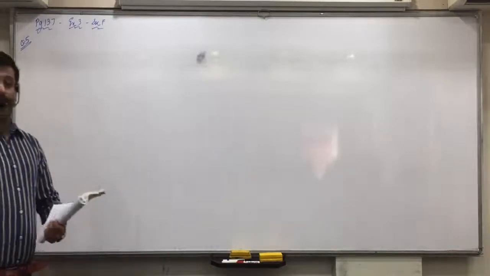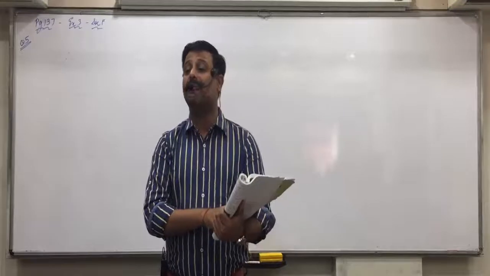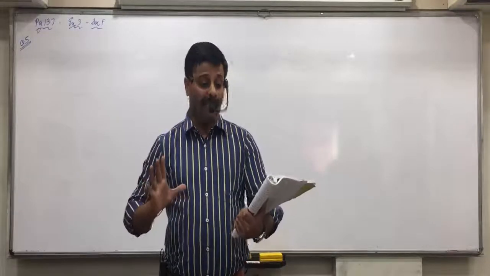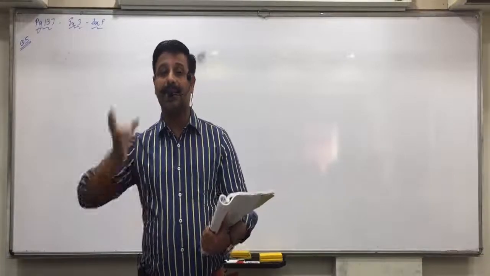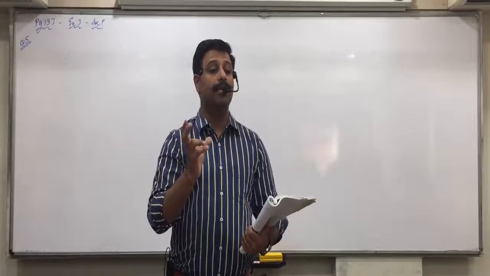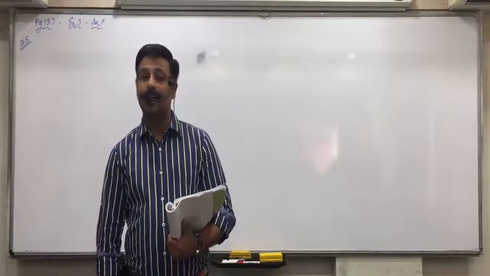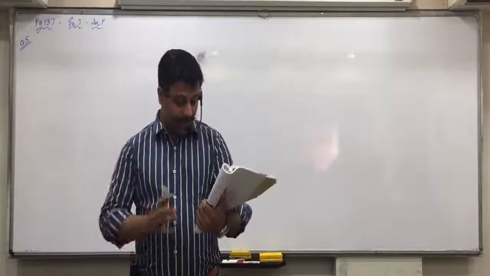So one equation we will form using the information of 40% marks. One more equation we will form using the information of 80% marks, and solving the two equations we will get the value of mu and sigma. Did you understand this reverse question? So it is a super reverse question.